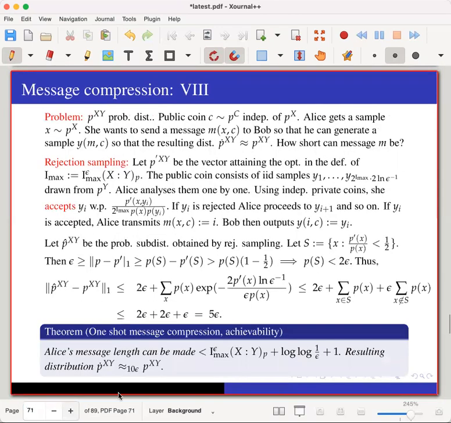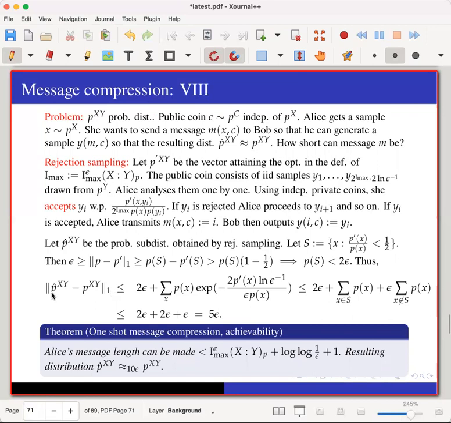No, I remember now. Thanks. So this is P hat, which is a subdistribution. There are various errors here. This is the probability of not terminating, which has to be bounded by breaking it up into two sums. This is a slightly clever trick, and this makes it 5 epsilon.